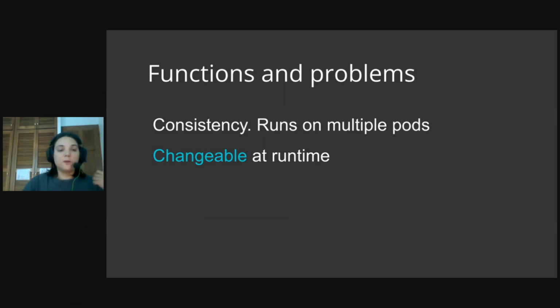Okay. The second function I want to have is being changeable at runtime. What does it mean? It means that I want to have the opportunity to change my schedule at runtime. For example, I want to disable one of the tasks, or I want to change the schedule of one of the tasks, and I don't want to rebuild or rerun my application for it.